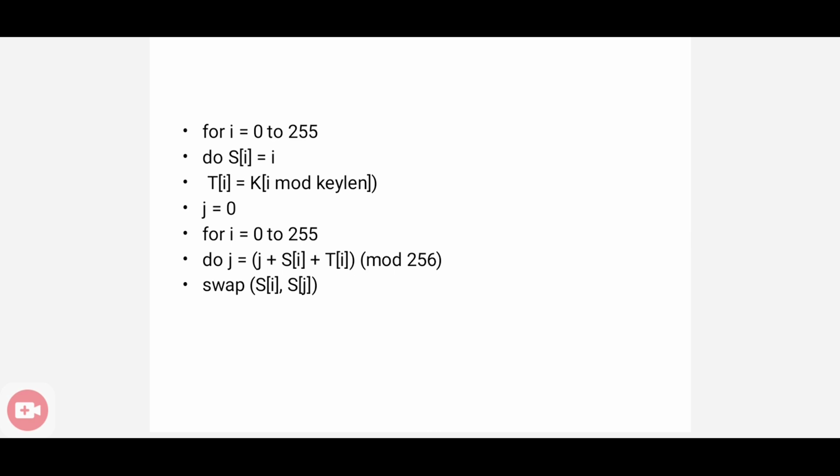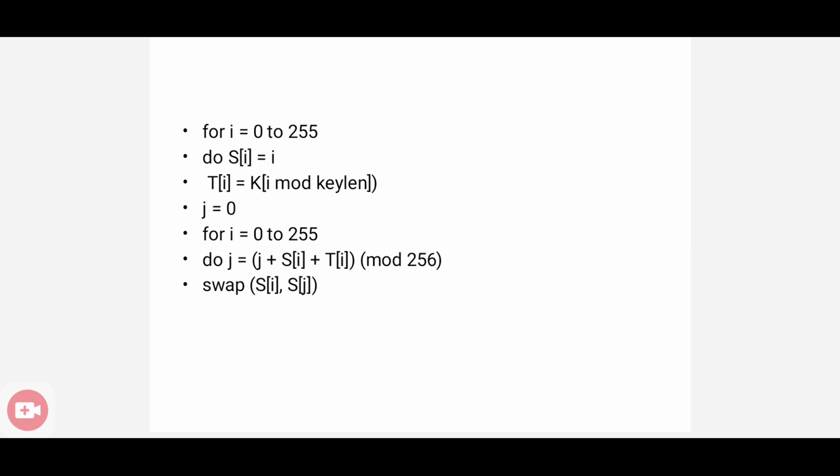First we initialize the state vector, second we copy the key values to a temporary vector. Then initialize j equal to 0. This is done for the initial permutation of S. What is permutation? Rearranging.